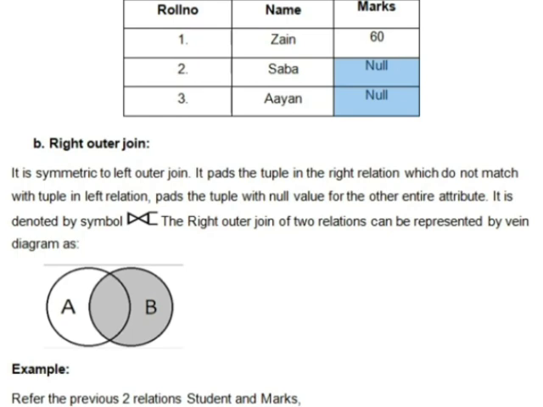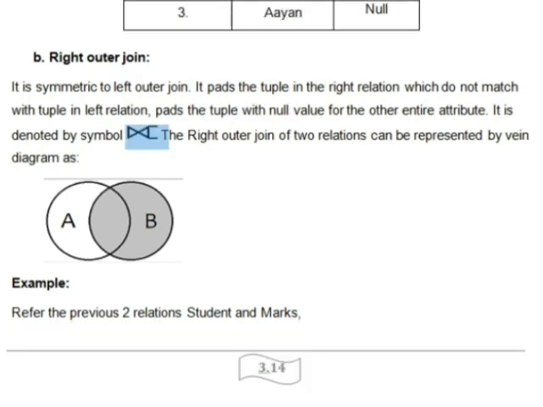It will take a tuple from the right side, match it with the left side and put a null value wherever required. It is denoted by this particular symbol, and this is the Venn diagram which is representing relation A having a right outer join with relation B.